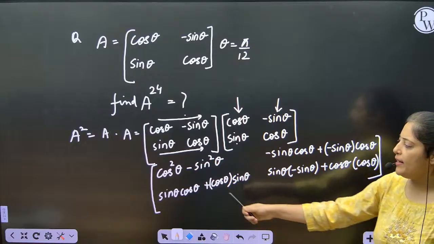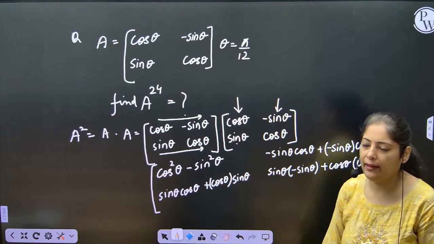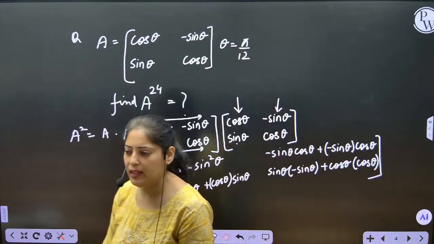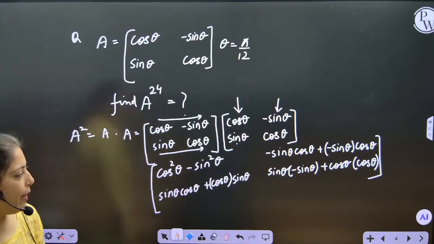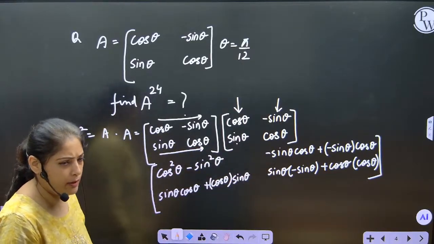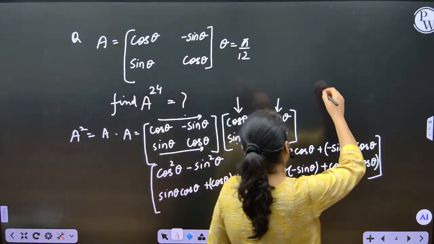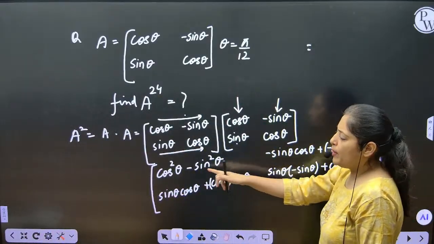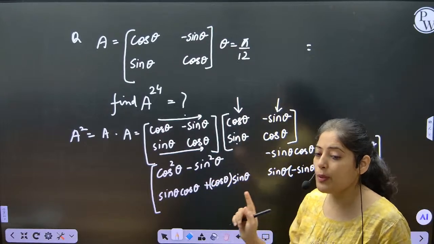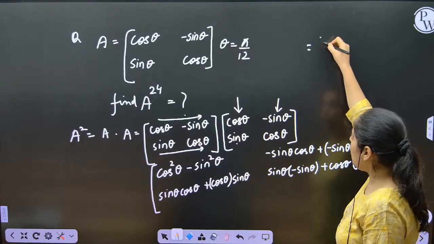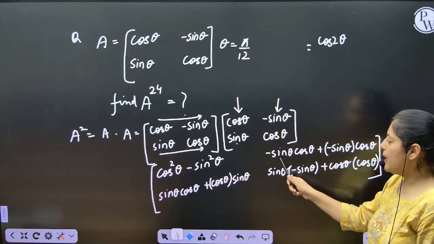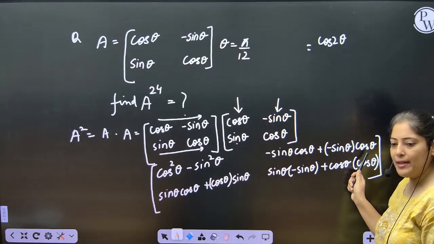First step, I tried to write it directly, but then I thought we should not have any confusion or difficulty, so that's why I am writing this. In the beginning I'm writing, later on I'll not write every time. So what is it coming to now? Cos square minus sine square theta. We must have done this in trigonometry, so many formulas were there. So cos square theta minus sine square theta is nothing but cos 2 theta. This is a formula. Now this becomes minus sine theta cos theta, and this will also become minus sine theta cos theta.